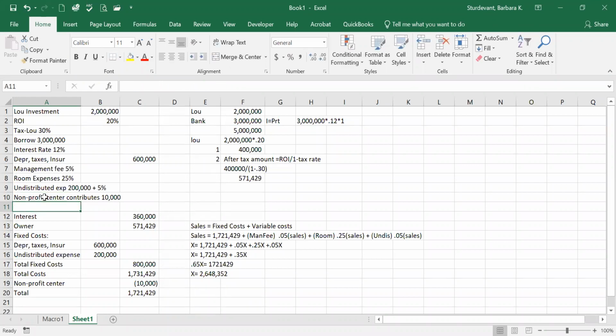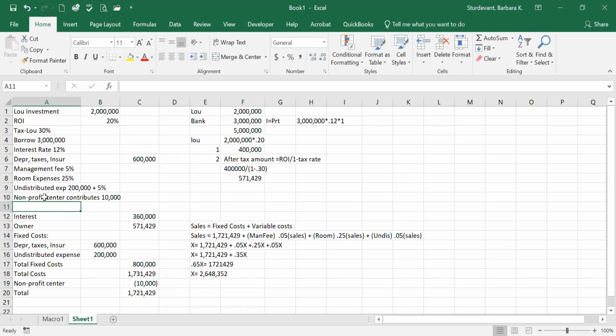A lot of the problems you're going to have is just a paragraph. You're going to have the owner's investment, you're going to have the borrowed amount. So those are your first 2 steps.